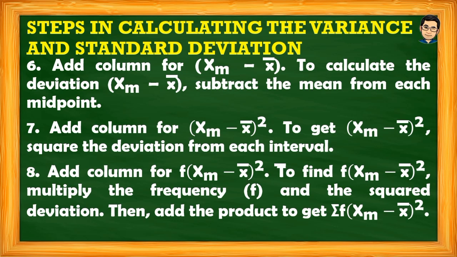So, hindi natin kailangan dito yung absolute value, because yung negative value na makukuha natin dun sa difference, square natin yon, automatically magiging positive. And then number 8, add column for the product of the frequency and the square deviation. And then, kunin din natin yung summation nung product na yon.